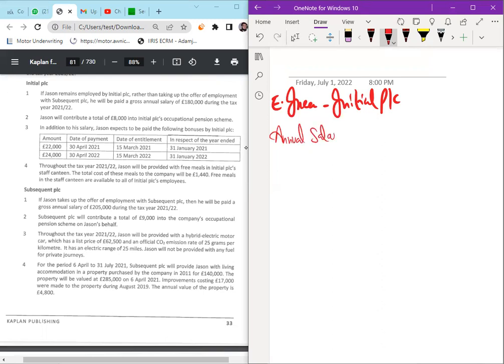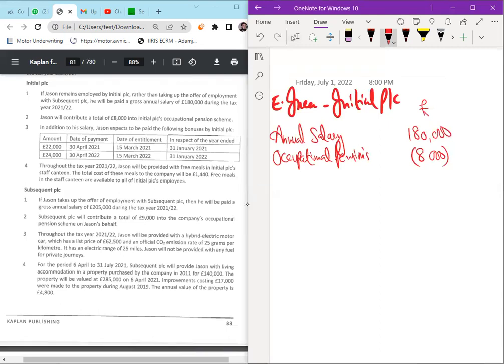Annual salary is mentioned as 180,000. Then JASON will contribute 8,000 to occupational pension. We know there are 4 allowed expenses, one of them is occupational pension. The employee's contribution needs to be deducted from the salary. So it's 8,000, we deduct that one.